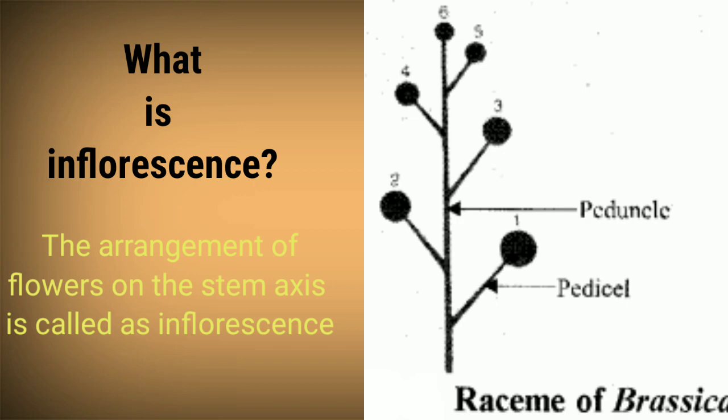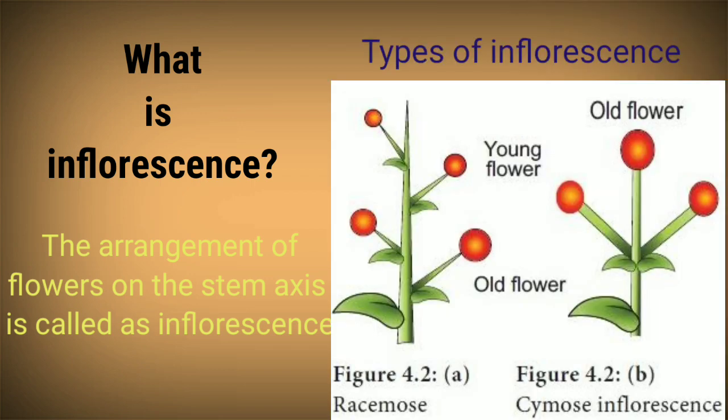In that way, there are a few types of inflorescence that we can observe in angiospermic plants. As we know, angiosperms are the flowering plants, therefore the arrangement of flowers is different in different types of plants.